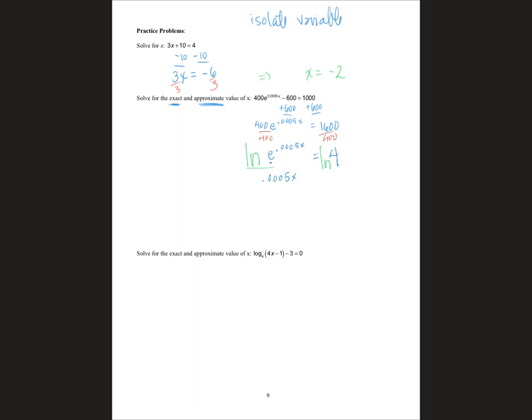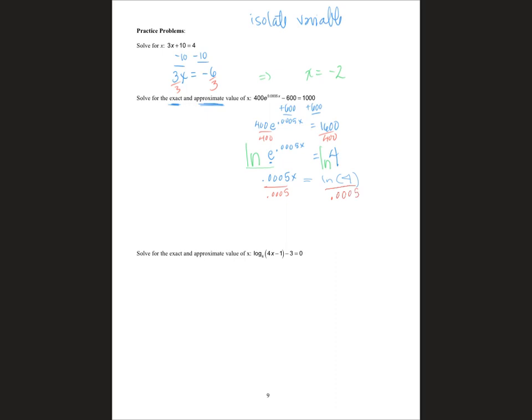And that is going to equal the natural log of 4. Now, I'm still trying to solve for x. So perhaps the next step would be to divide each side by 0.0005, sorry, not x, just 0.0005.